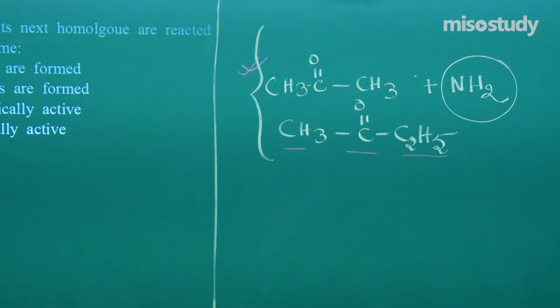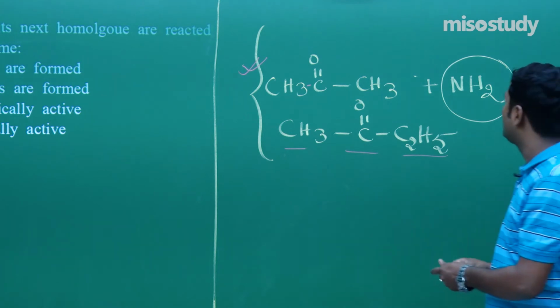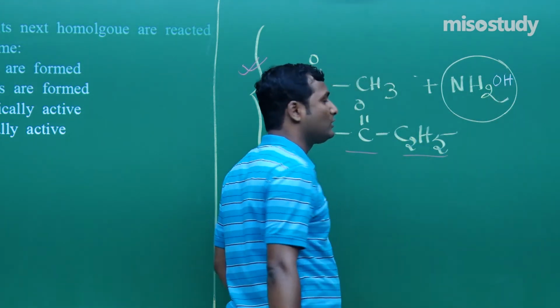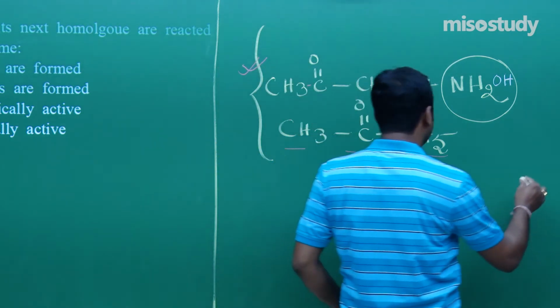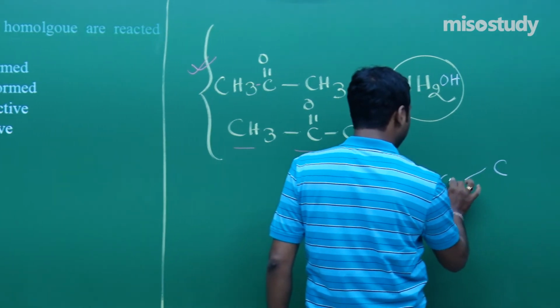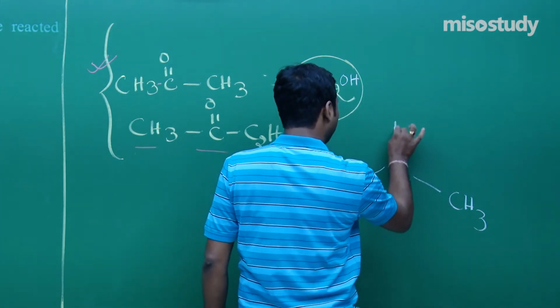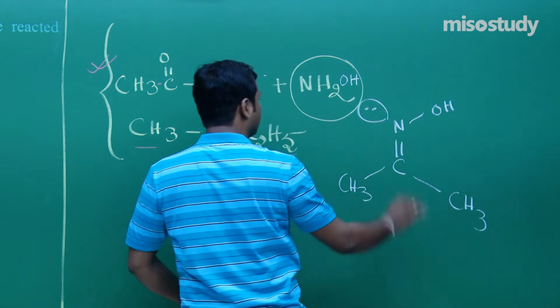So now tell me what will happen in this case. Sir, with NH2OH, it's very simple. The first one gives CH3, then C double bond N, then OH. This one is the first oxime.